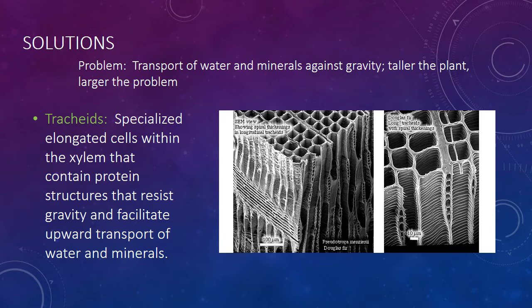So when we said that these plants have vascular tissue, that is a specialized tissue made up of xylem and phloem in order to transport food and water. The xylem transports water and minerals, and the phloem transports sugar. Within the xylem, there are special cells called tracheids, and that's what facilitates the upward transport of water against gravity. And we have some pictures of that here on the right.